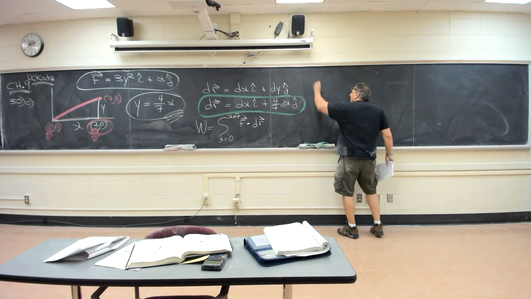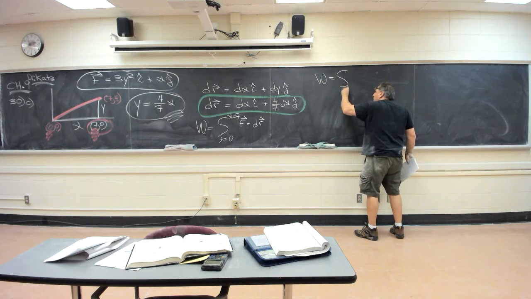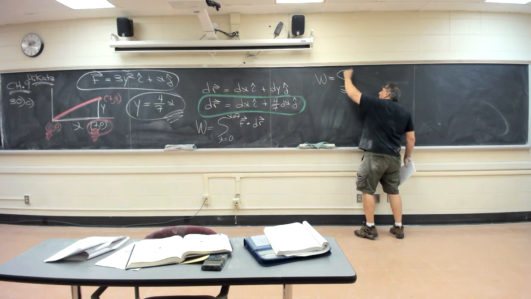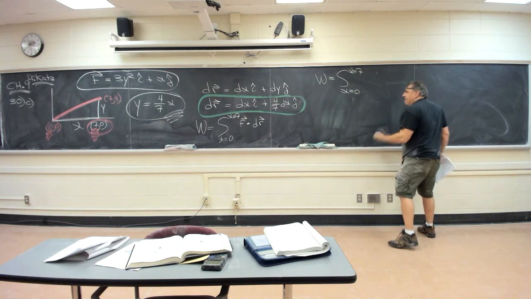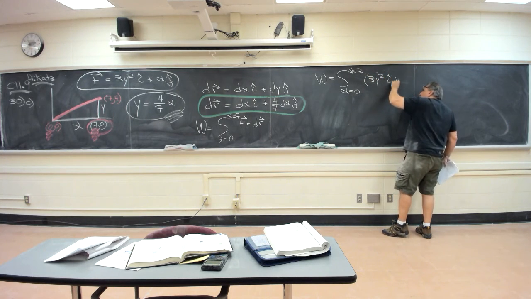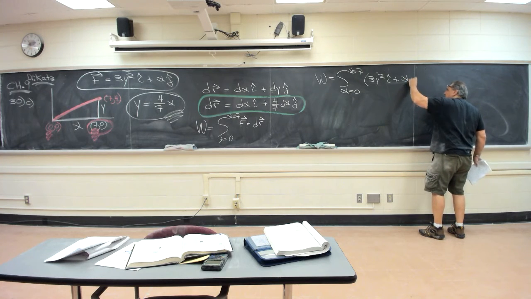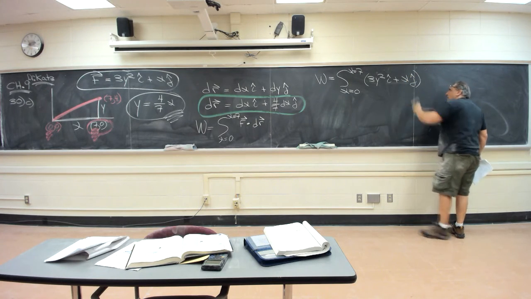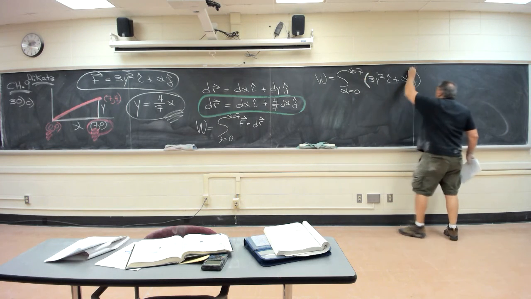The work is going to be the integral from x equals 0 to x equals 7 of F vector, they gave us F vector. It's a rough one, but we can do it. Be faithful to what's up there and remember what the definition of the dot product is. You got that quantity, absolutely that quantity.